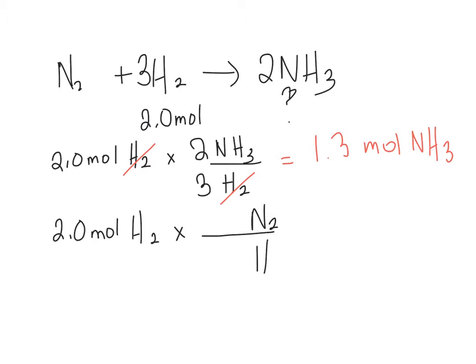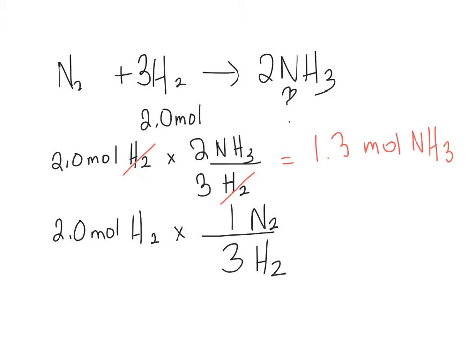We don't want hydrogen. It's going to go on the bottom. And then you put in the values for your mole ratio based on your balanced chemical equation. So it's a 1:3 ratio.